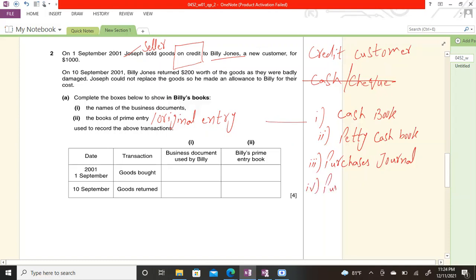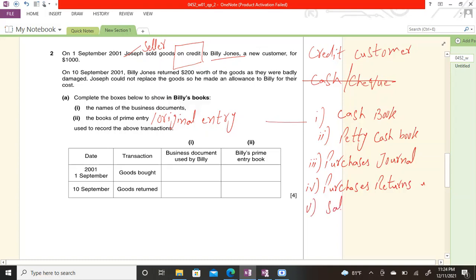Number four, purchases returns journal, or you can say purchase returns day book.